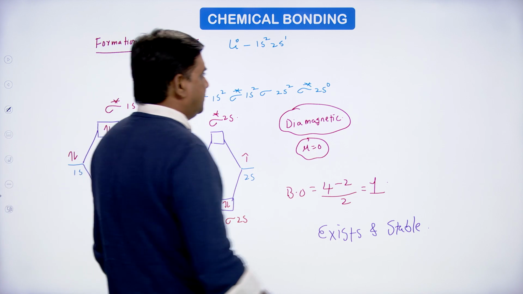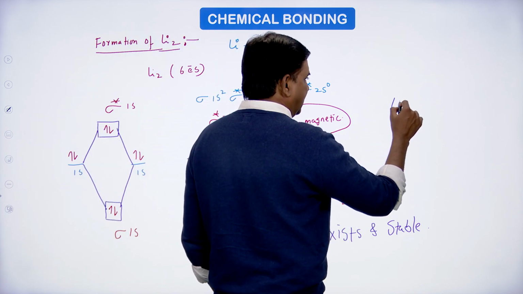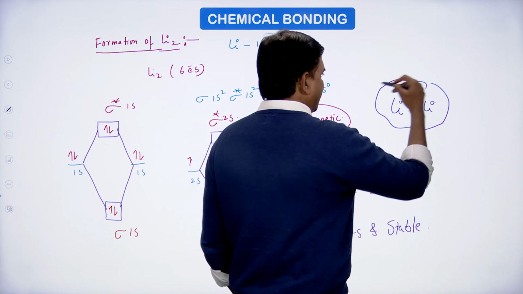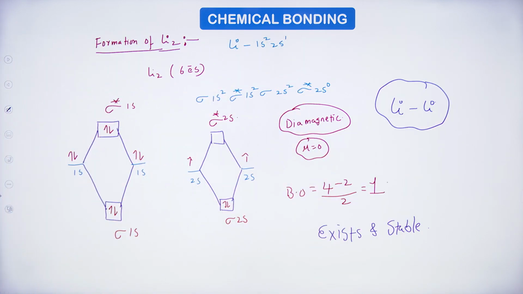Since the bond order is 1, the lithium molecule exists with a single bond according to molecular orbital theory. This is the Li2 molecule.